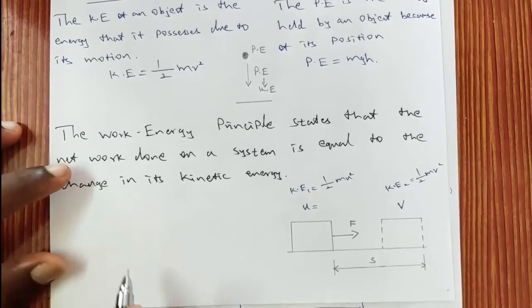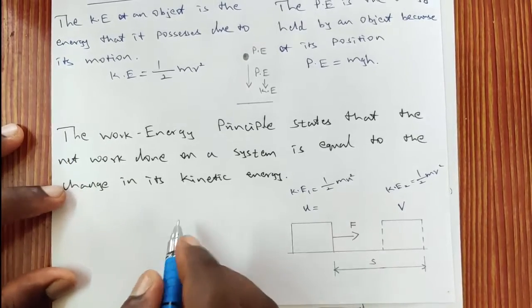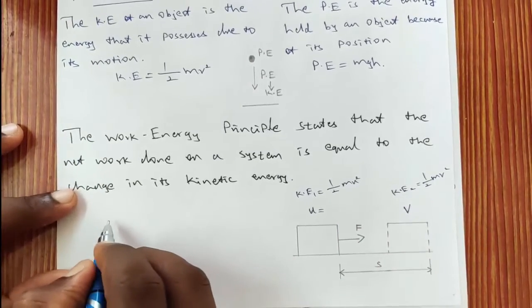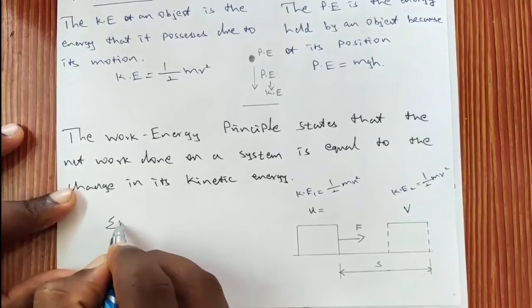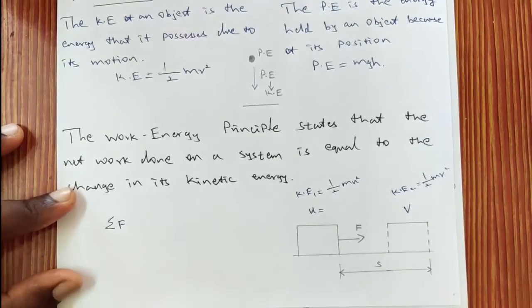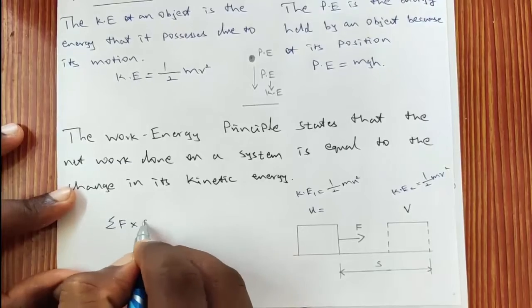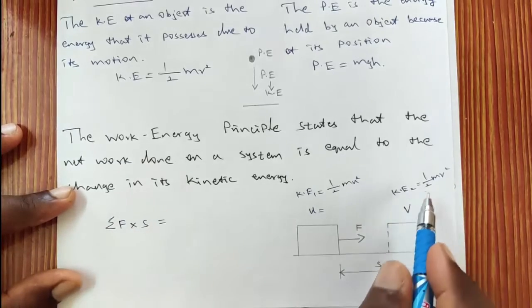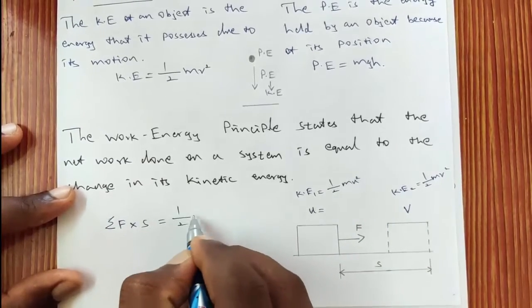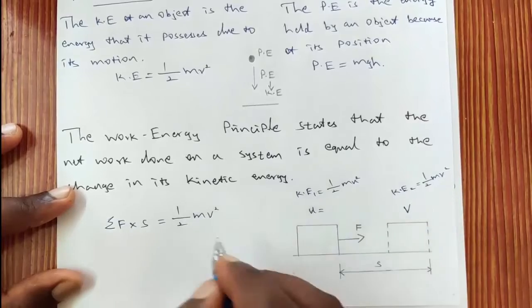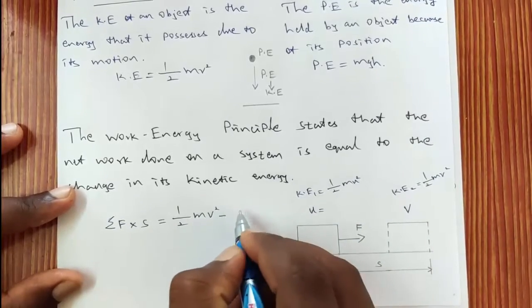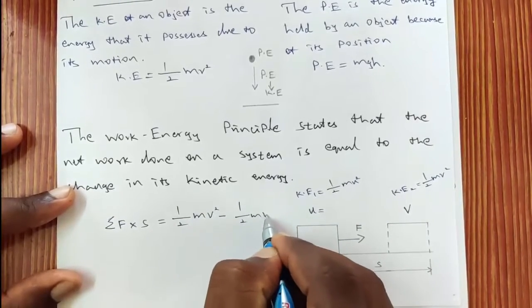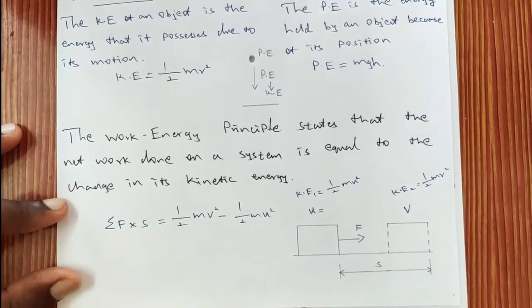Now when we write the equation of work energy, the work done can be written as the summation of forces acting on the body into the displacement. So this is the work done. Force into displacement is equal to the change in its kinetic energy, that is half m v square, the final kinetic energy, minus the initial kinetic energy.